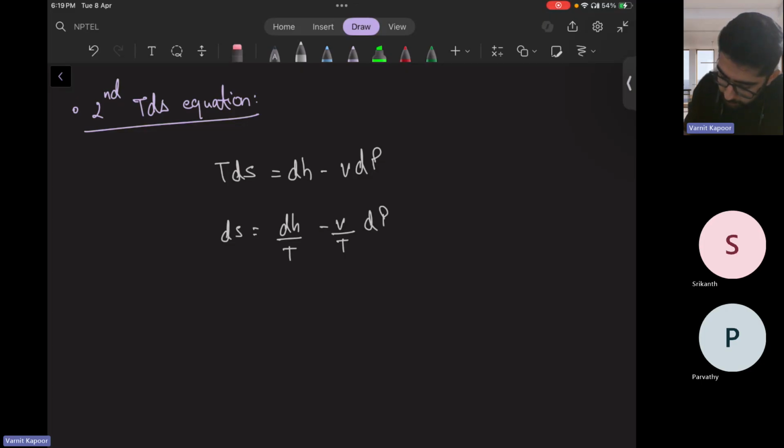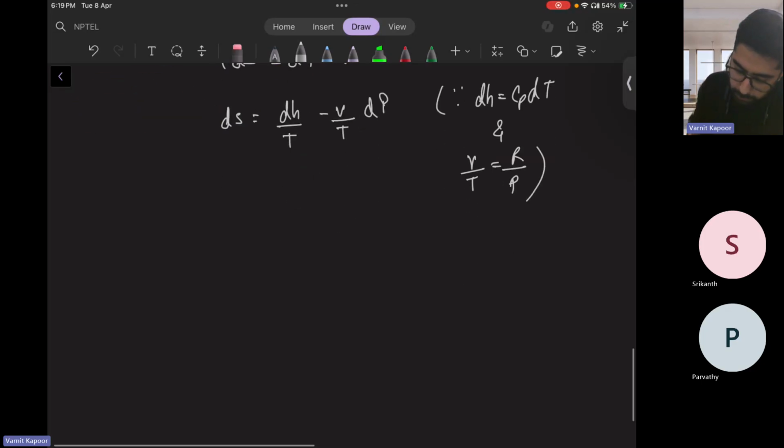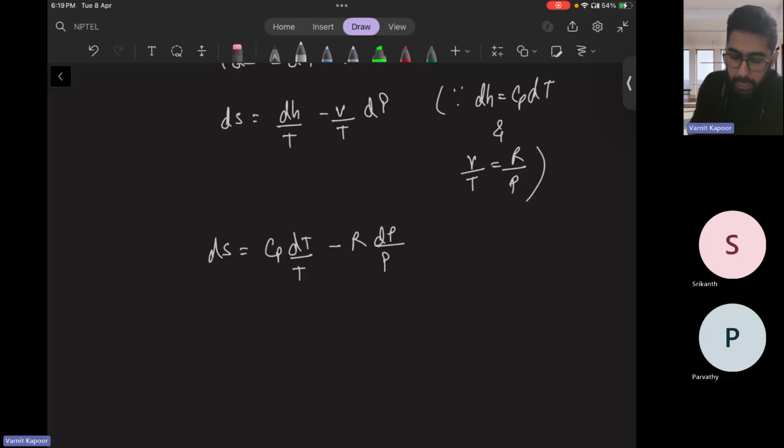Now, since you know that dH can be written as Cp dT, and from the gas law, V by T can be written as R by P, put the values. So your entropy becomes Cp dT by T minus R dP by P. All right.